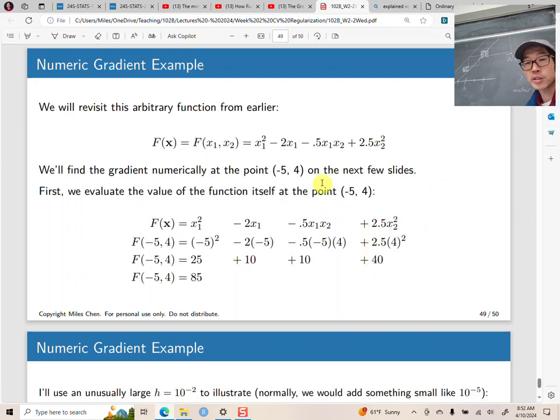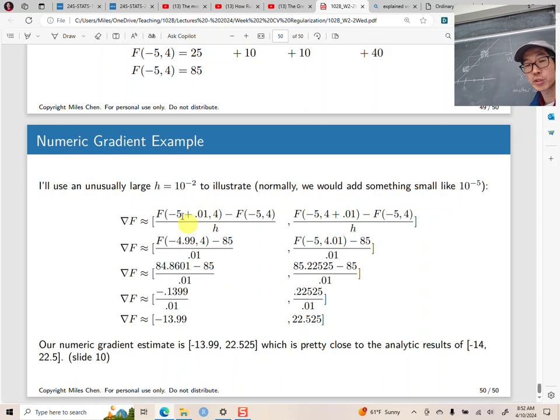Okay, so here, I calculate my baseline starting point. What is it at -5, 4? It's 85, my loss function. Then I'm going to add a tiny 0.01 to this. When you add 0.01 just to the x1 component, it goes from -5 to -4.99. How does that change the value of your loss function?